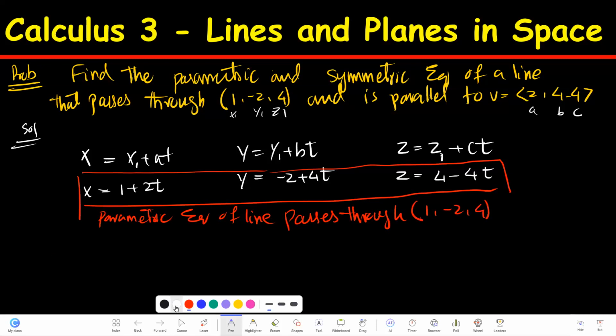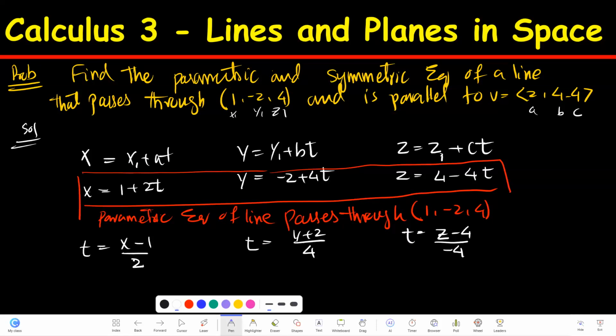Okay, let's go to the second part, the symmetric equation. So t from here equals x minus 1 over 2. Simply, I take the t here, take the x, bring the 1 to the other side, and divide by 2. That's my t value. t from this equation equals y plus 2 over 4. t equals z minus 4 over minus 1.